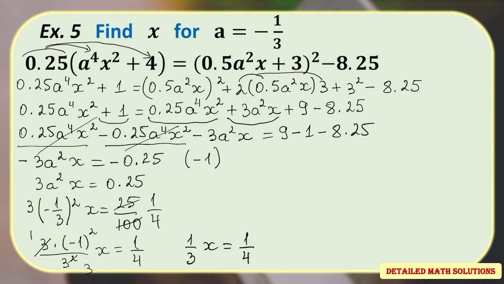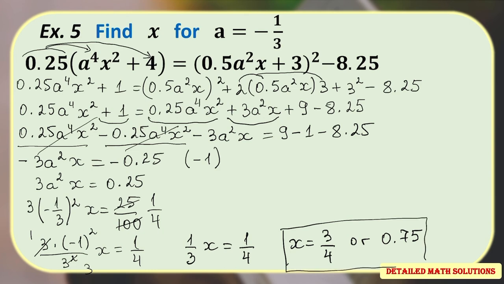And as a last step, I just need to cross multiply, and I get x equals 3/4, or as a decimal number, it equals 0.75, which is the final answer for this exercise.